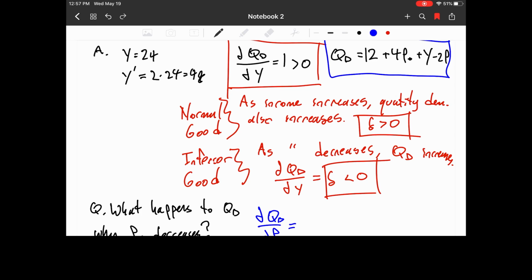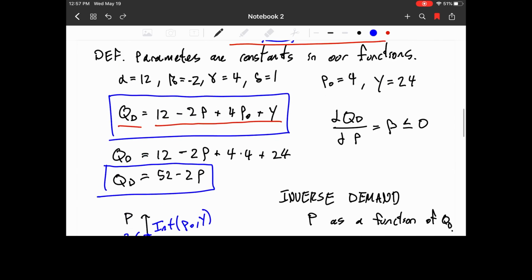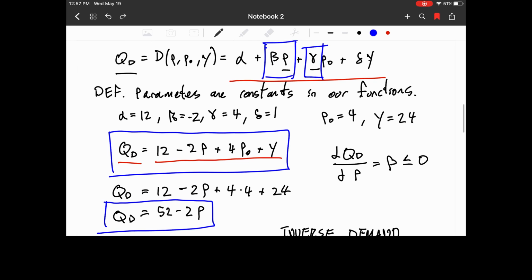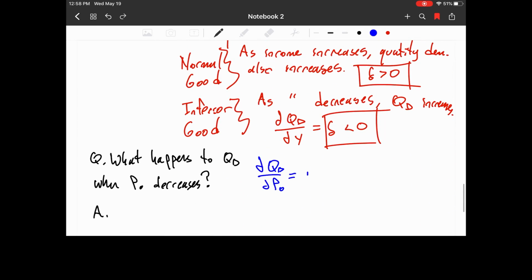So that comes out to be 4, which is our parameter value. Our parameter value of interest is this gamma. So gamma, in this case, is controlling whether the good is a substitute or a complement.